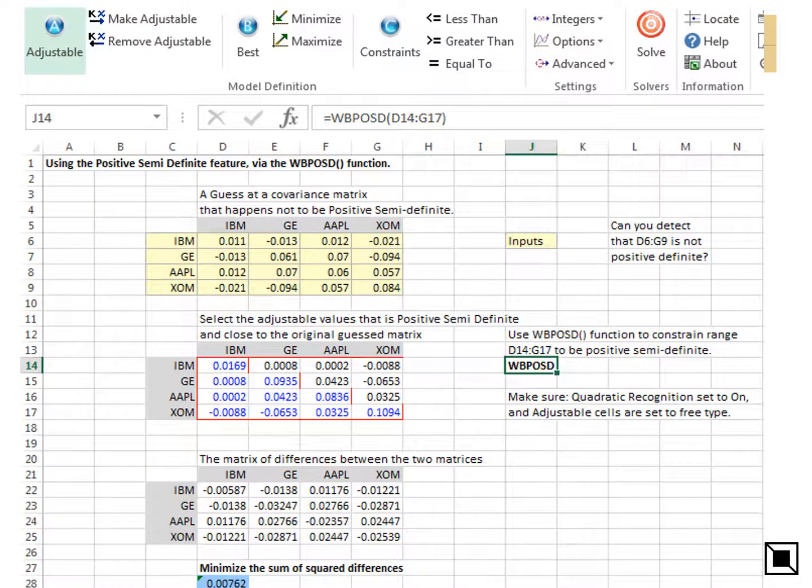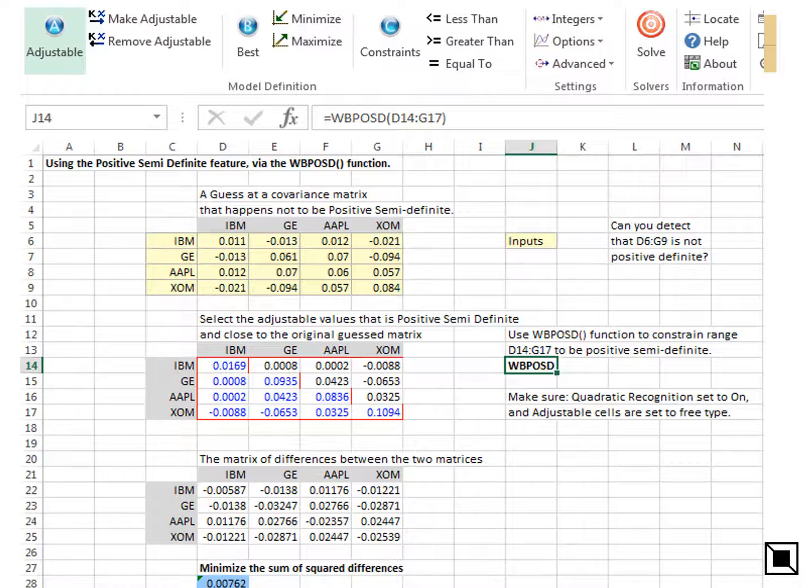Let's work with a specific example, and in the shaded area up towards the top we have an estimated covariance matrix between IBM, GE, Apple, and XOM.